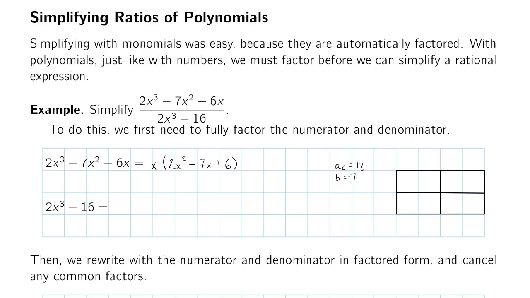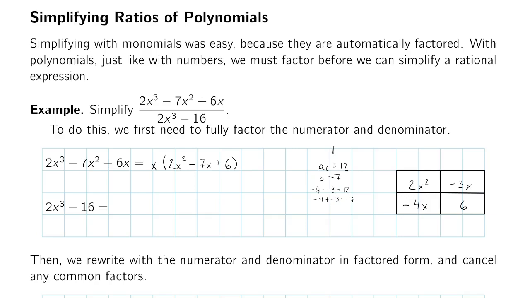And looking at that a little bit, we see negative 4 times negative 3 is 12. Negative 4 plus negative 3 is negative 7. So we're going to split up that middle term as negative 4x minus 3x. Then we've got 2x squared and 6.